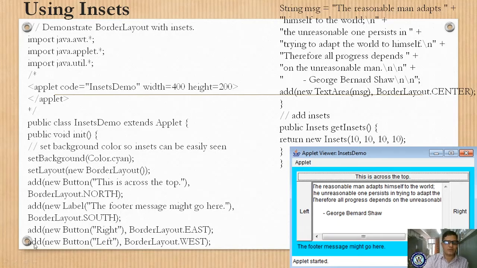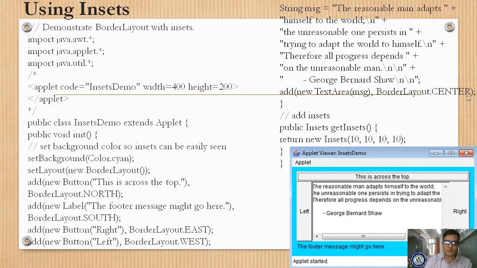Once again you add one more button, Left, and its position is WEST. West means left. Next you place the string, in which you have typed all these messages, and add this string message to your text area with the position BorderLayout.CENTER.